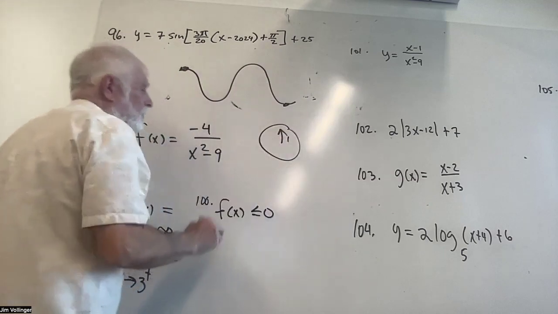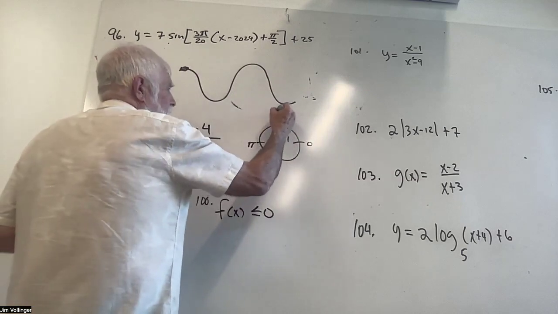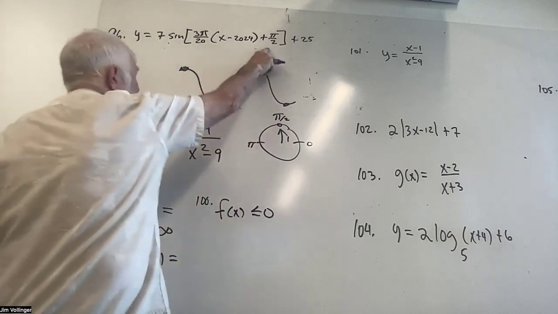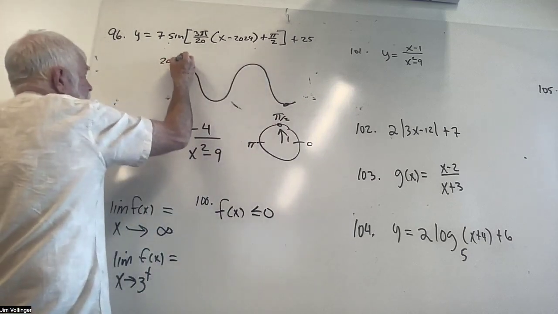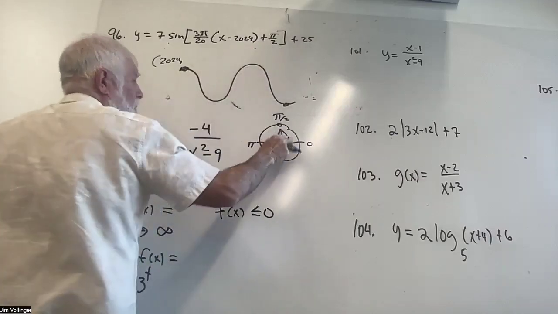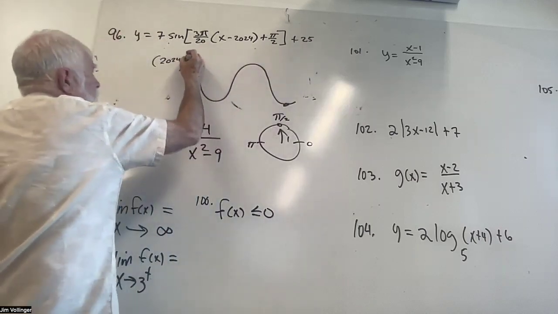And that's a height of 1. Starting from 0, this is pi. That's pi over 2. So at 90 degrees, the sine function is at a max. And I'm starting at a max when I put 2024 in. Okay, and so pi over 2 gets me 1. 1 times 7 is 7, plus 25 is 32.